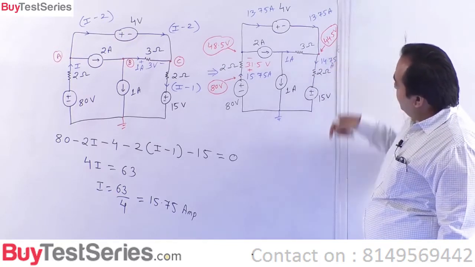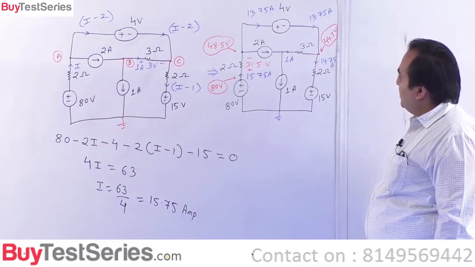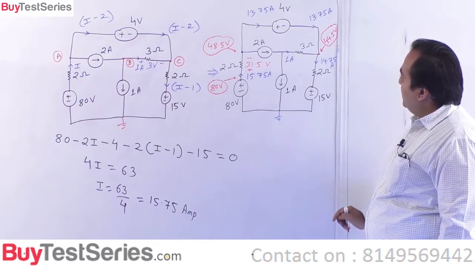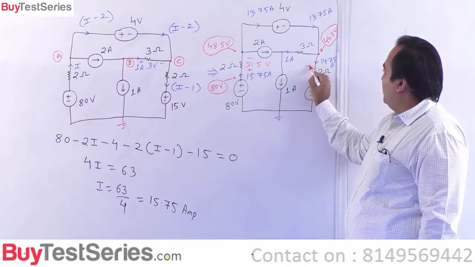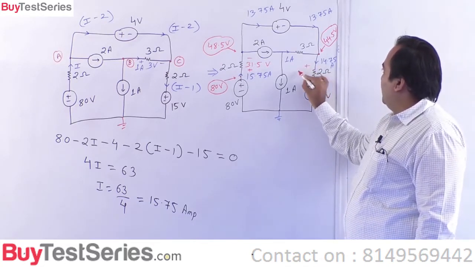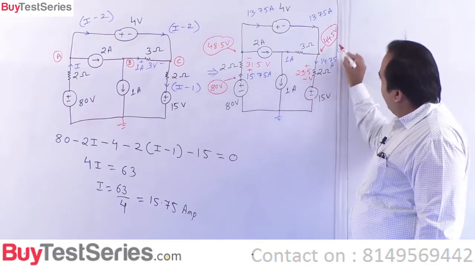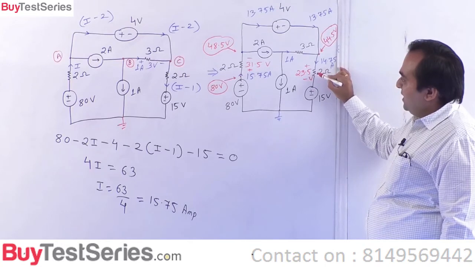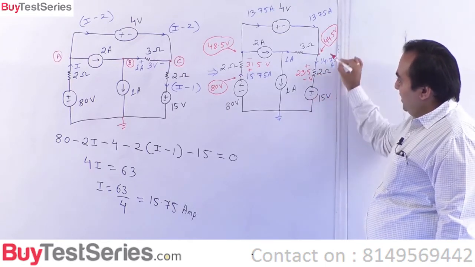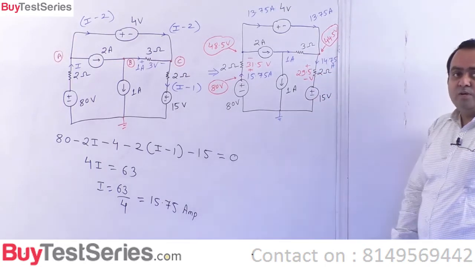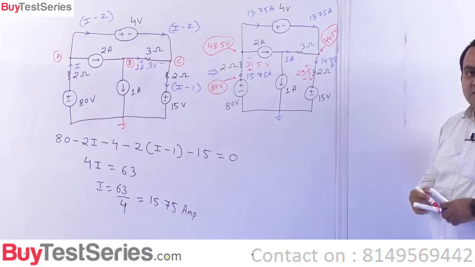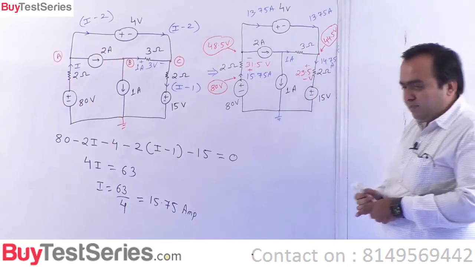This 14.75 is coming down like this. So if you see, this voltage drop has to be 29.5 volts, and 44.5 minus 29.5 is anyway 15, which confirms that we are doing the calculation in the right manner. Is this okay?